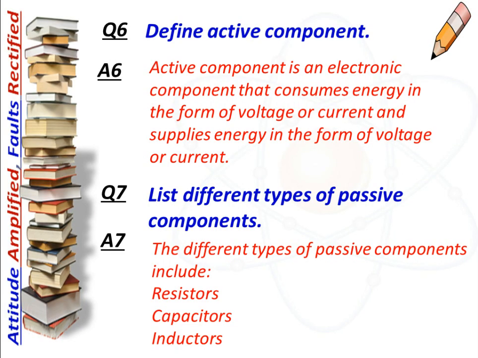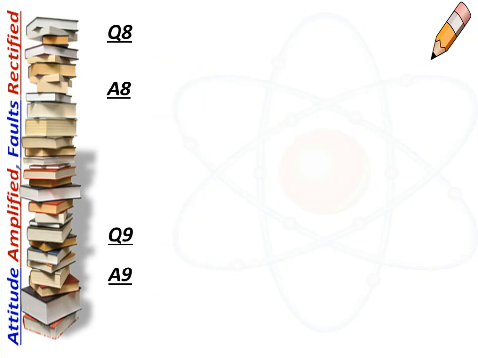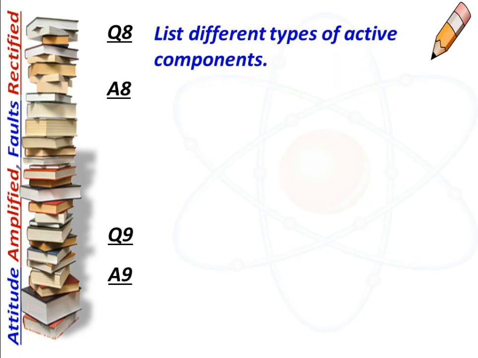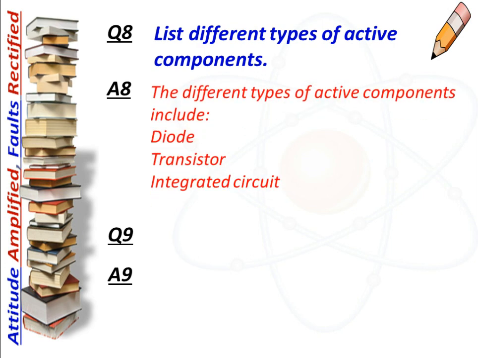The different types of passive components include resistor, capacitor, inductor. Next question, list different types of active components. Answer is, the different types of active components include diode, transistor, integrated circuits.